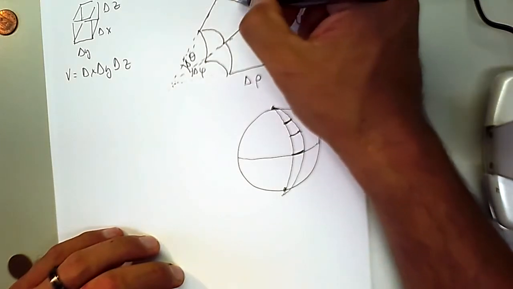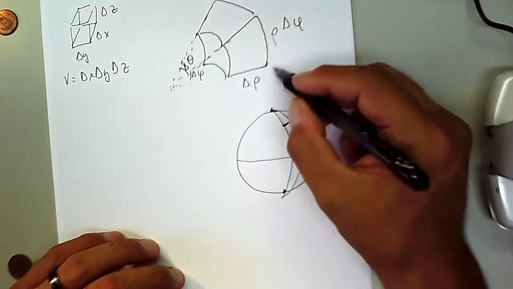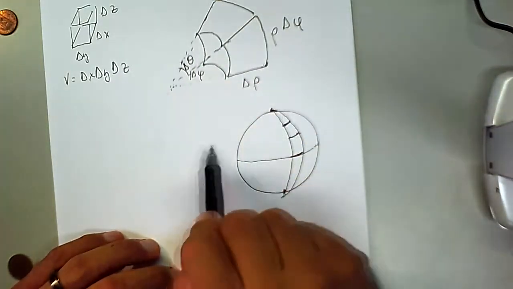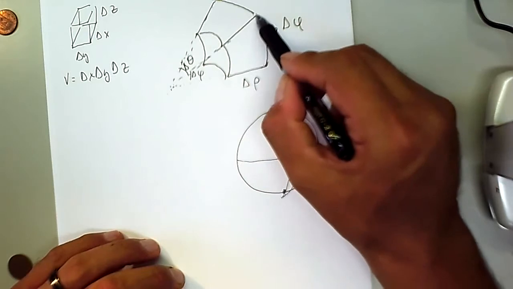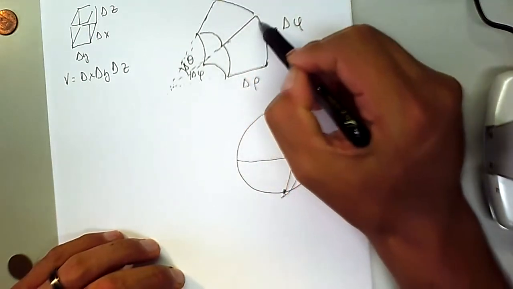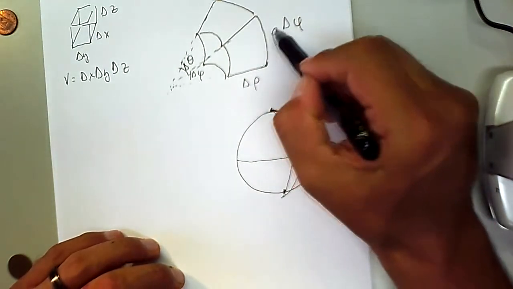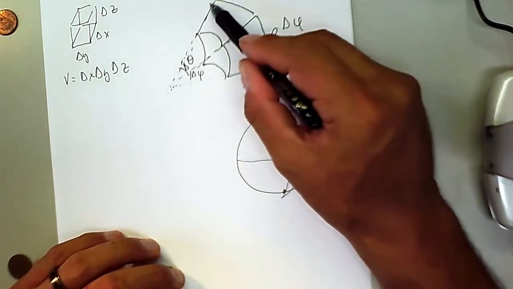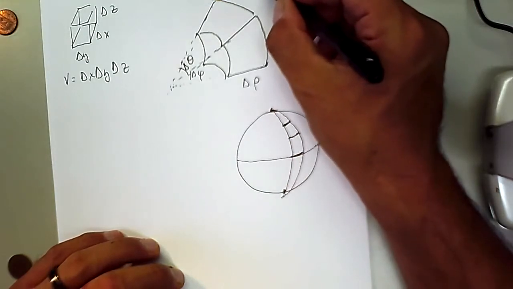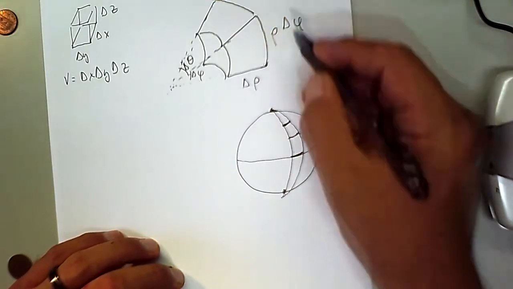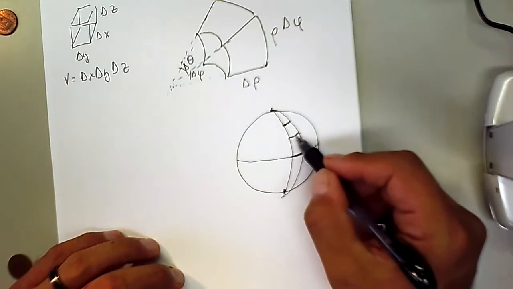This arc is not a maximum arc. The phi does give us a maximum arc because it just goes straight on down. But when we sweep theta sideways, we have to take into account that this is already up a certain distance from the equator. And so that causes this arc to be smaller. I guess the answer would be rho delta theta if we were on the equator. Sure, no problem. But if we are off the equator, then we have to account for that.